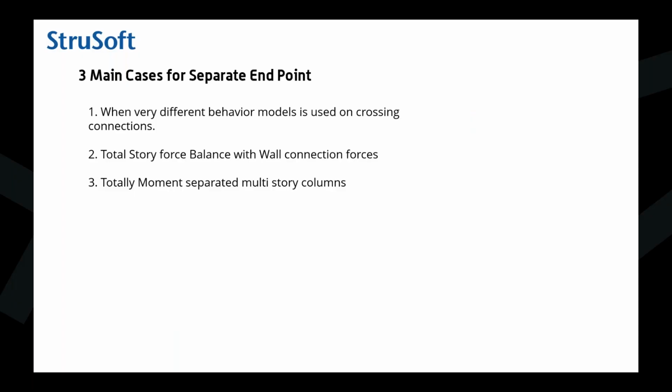This is really typical if you have used any other finite element software. This is a really typical problem. And if you want to have totally moment-separated multi-story columns, I can show you examples. And some use it also for beam connections to the wall edges, so the beam will be connected only to the bottom wall, not the top wall.